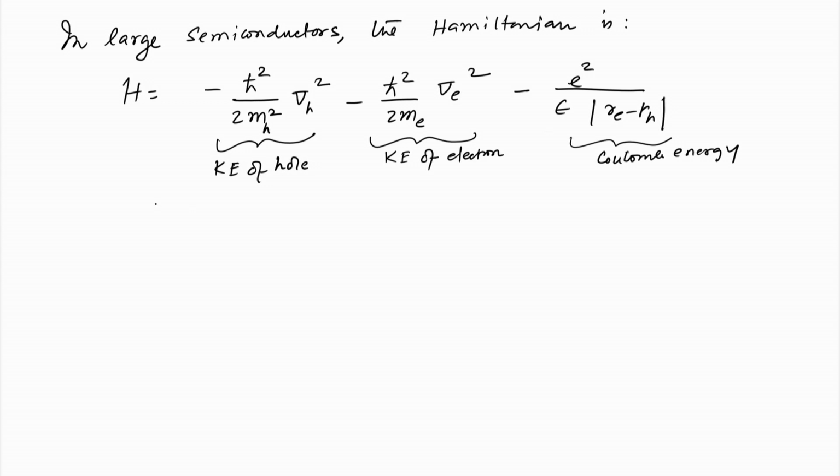And epsilon is the dielectric constant. So, this is a generic Hamiltonian that will hold for any semiconductors, and we are talking about not a nano size semiconductor, but a large semiconductor.